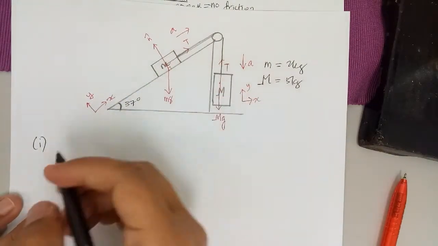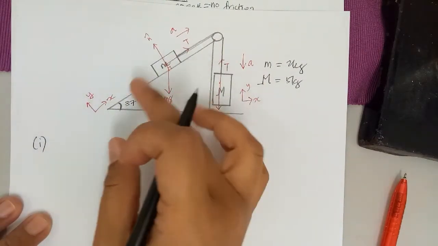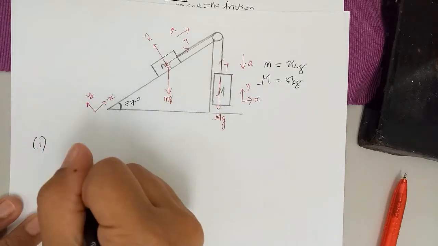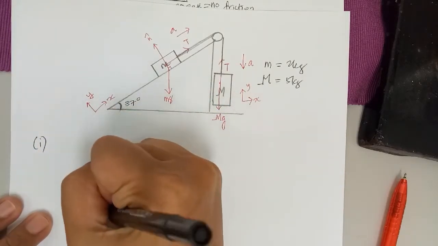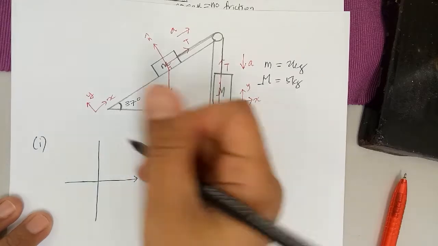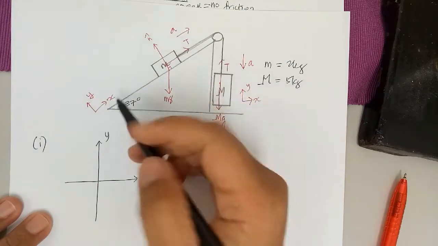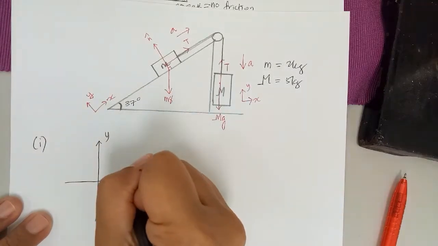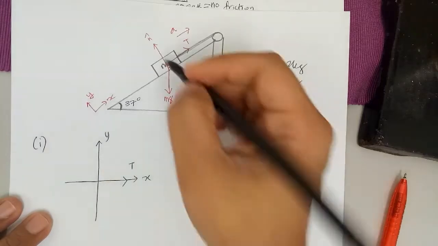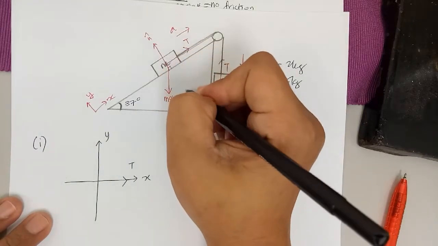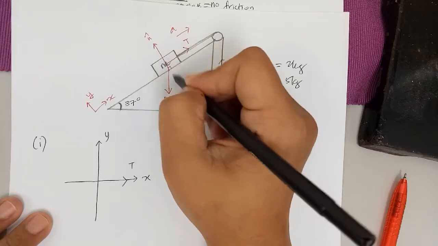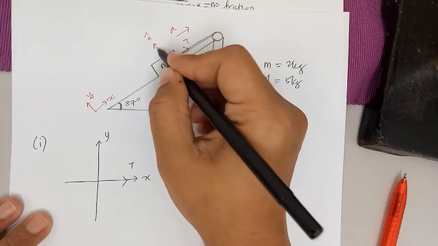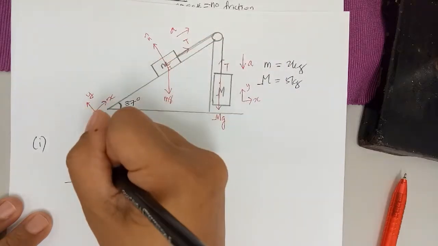For block m, you can redraw the block with axes. This will be your X, this will be your Y. Your X has tension, and your mg, the normal force, is here.